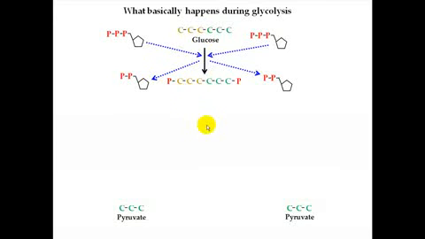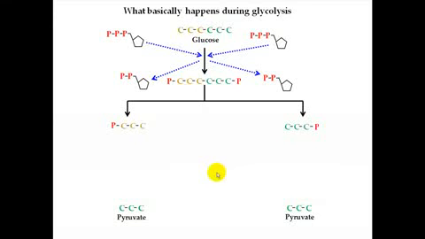Here's what happens next in order to eventually make high energy molecules. So this molecule is then broken in half. It turns out that this portion, this half of the glucose molecule, is the only half that can continue on with glycolysis in order to produce pyruvate. I know they look the same.